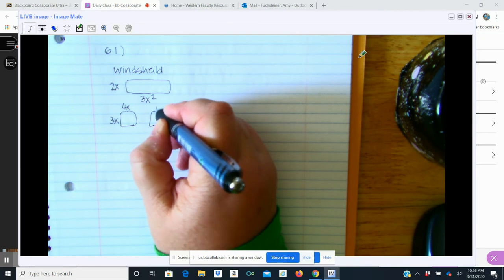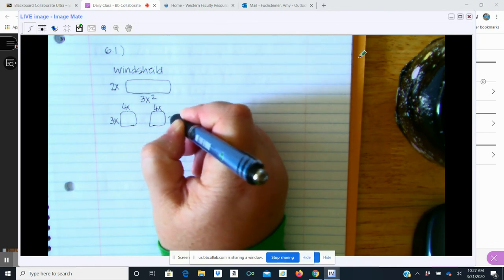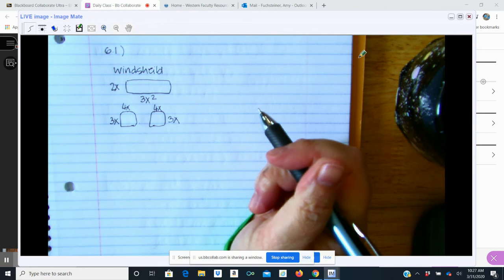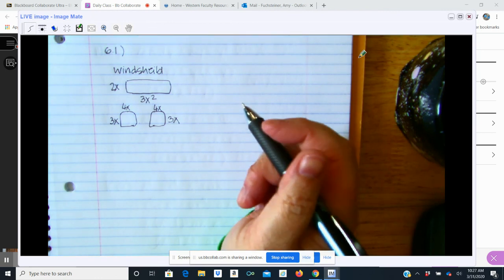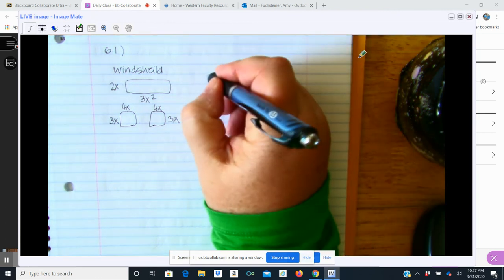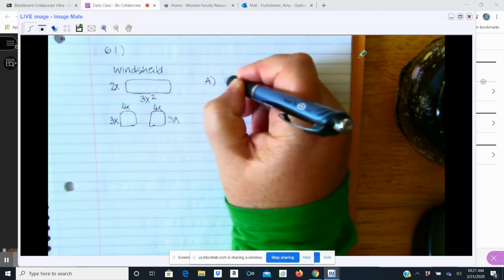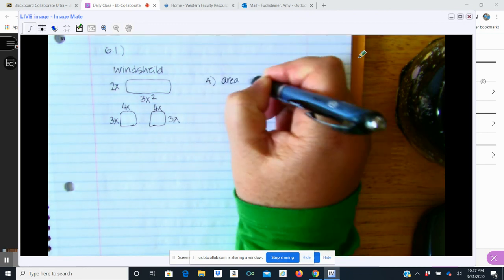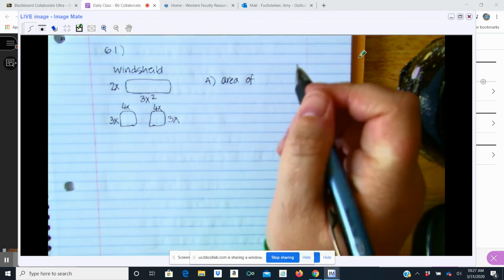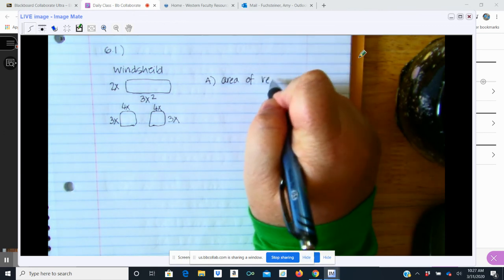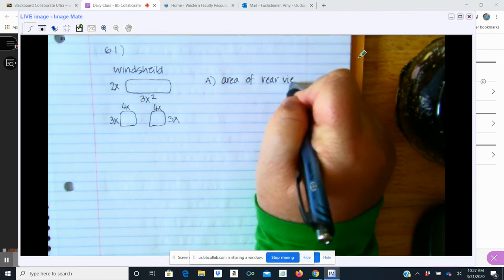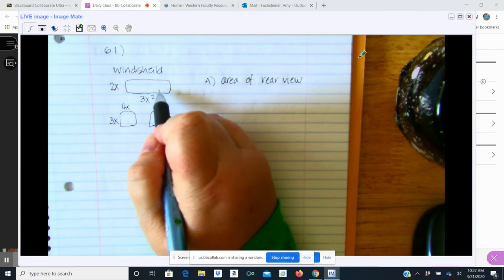And again, 4x by 3x. Does this look similar? And then it asked you for area of the rear view. That would be this guy.